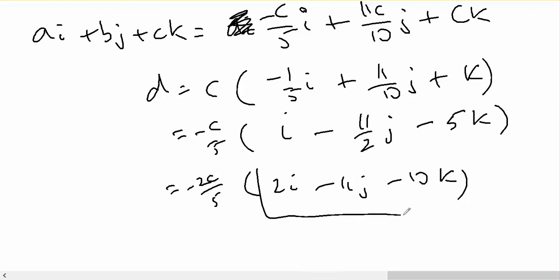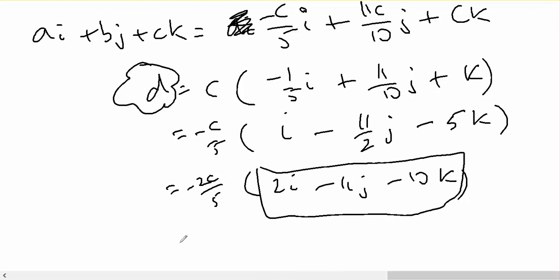And there are lots and lots of examples for D.